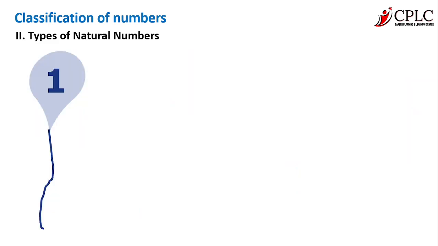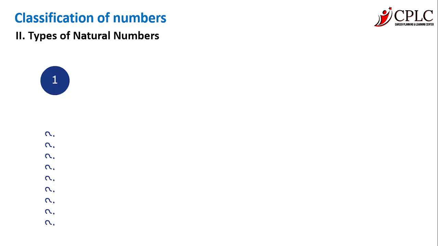Then there are a few pointers that we need to understand also. So first point is about number one. Number one is neither prime nor composite. Logic is very simple. We have categorized prime numbers as having two factors, composite as more than two factors. If you factorize, one has only one factor, which is 1 itself. So hence it is neither prime nor composite.